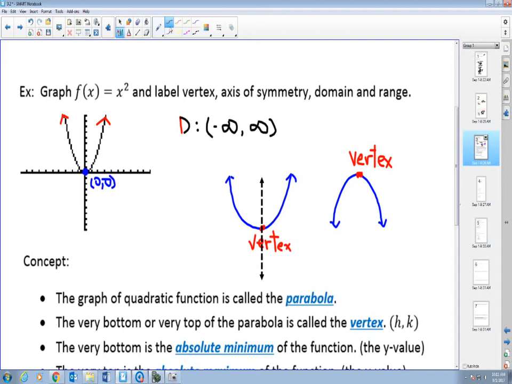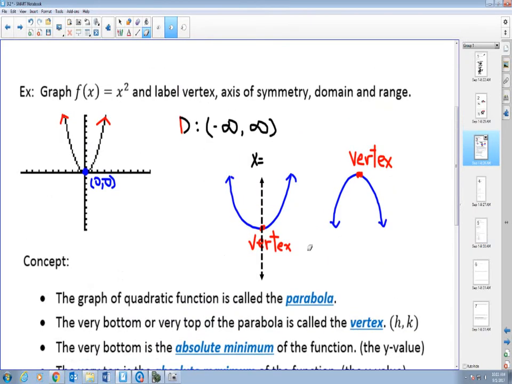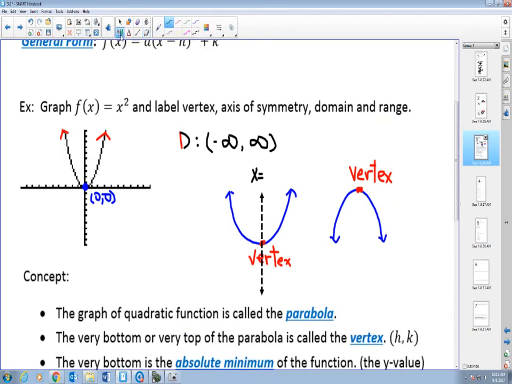And as you can recall, a vertical line has an equation that says x equals a number. That number will be the same x value as what's on the vertex. That's called the axis of symmetry. So for this example, I got my vertex at 0, 0, axis of symmetry x equals 0, right? The same x value.